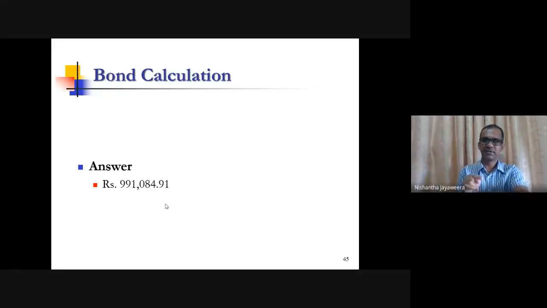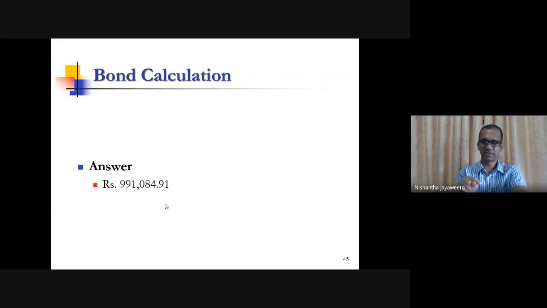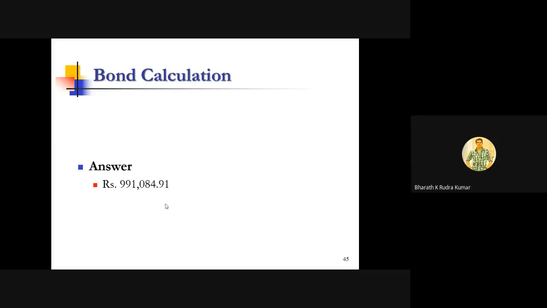Then the second one, December 15th settlement, semi-annual payments. The exercise, again the same question as in example 1, but with semi-annual payments.